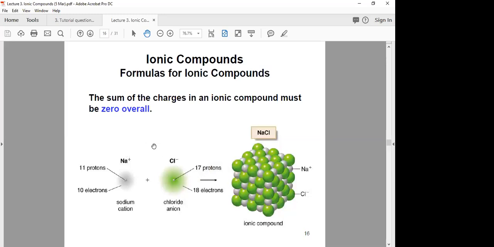One of each will actually bond together as a result of that ionic bond between them to form the neutral compound sodium chloride. So we only need one of each to balance the charges.